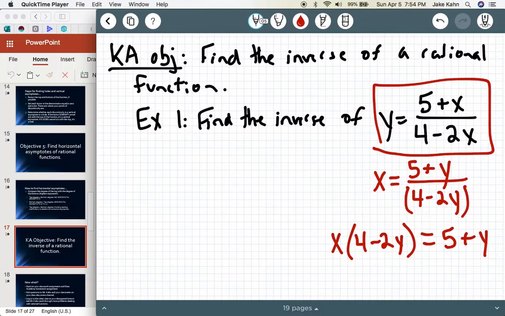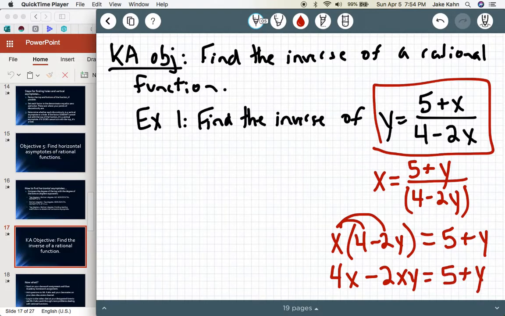So we will have x times 4 is 4x, and x times negative 2y is negative 2xy. I'm going to rewrite it: 4x minus 2xy is equal to 5 plus y.